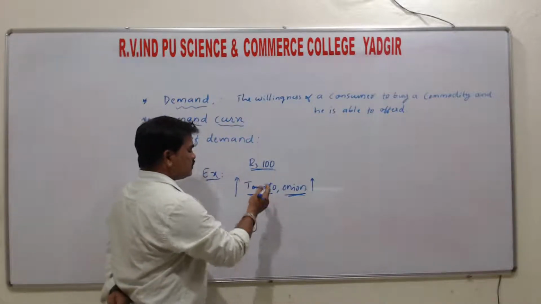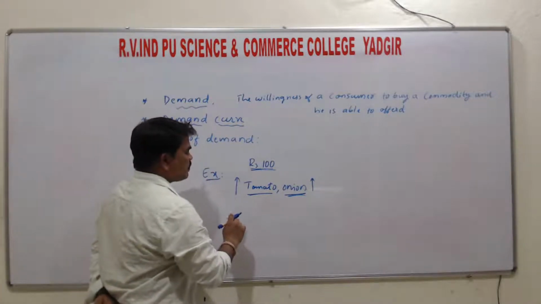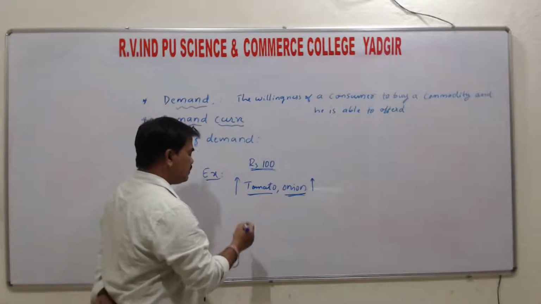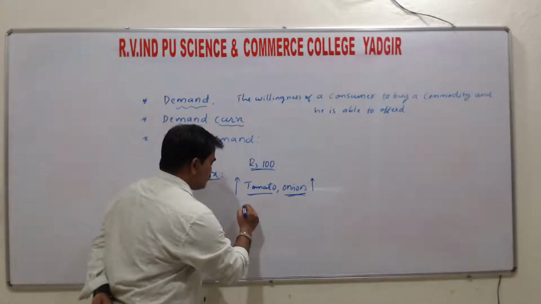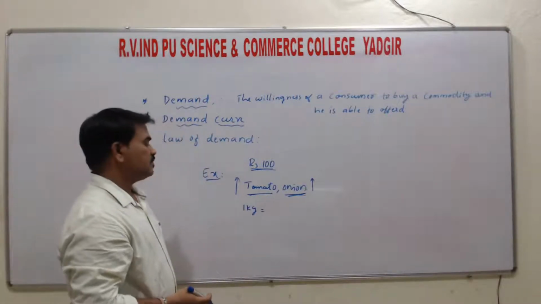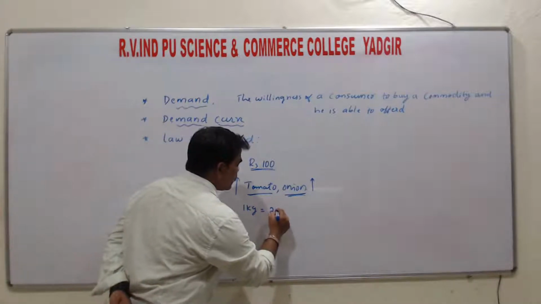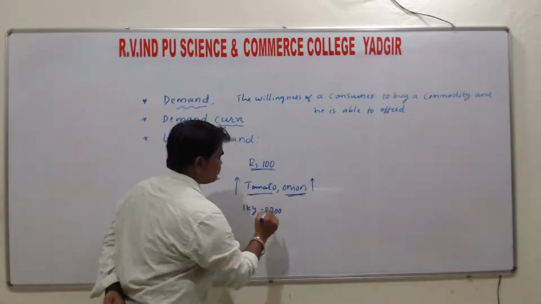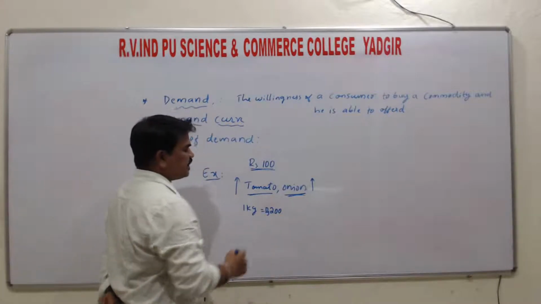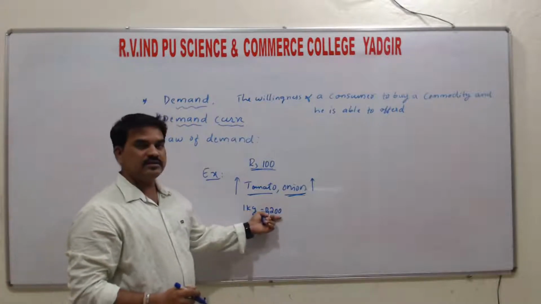So suppose when we say demand, I want to buy 1 kg of onion. There is a willingness, but the price of the onion is 200 rupees. Think that the price of the onion is 200 rupees. Even though I have the willingness to buy, can I afford this?